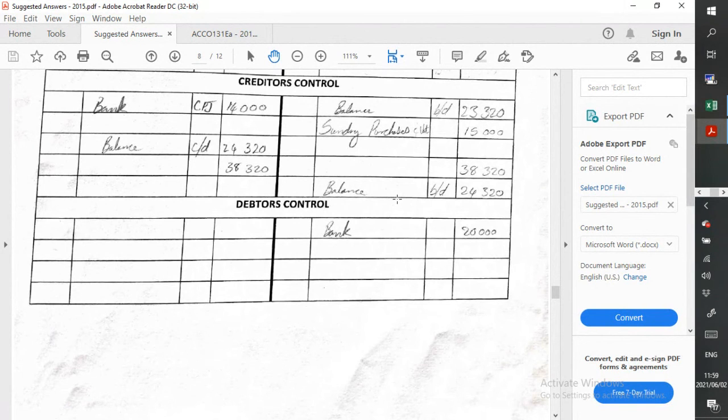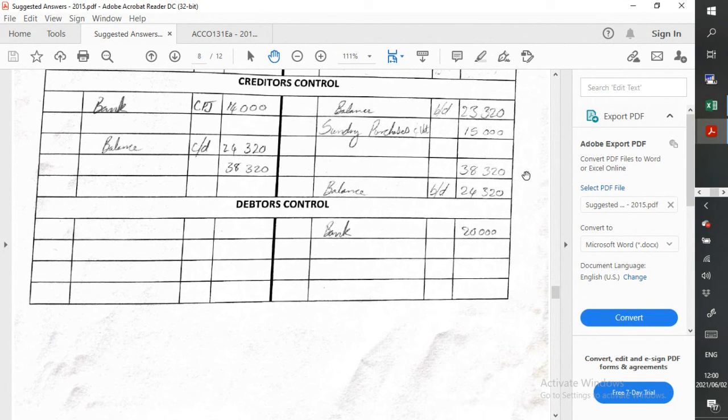Okay, all right, and then here we see that the credit side is bigger than the debit side, because here we only have 14,000 and here we have 15,000 plus 23,000.